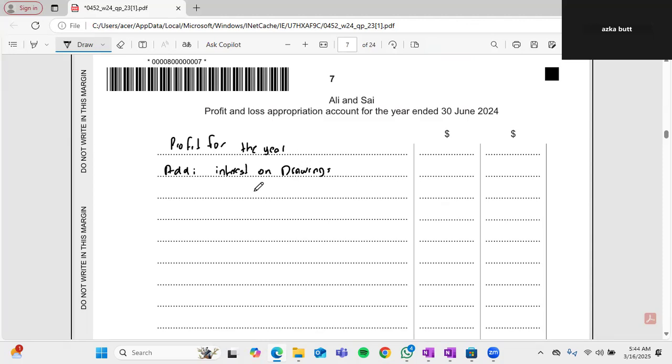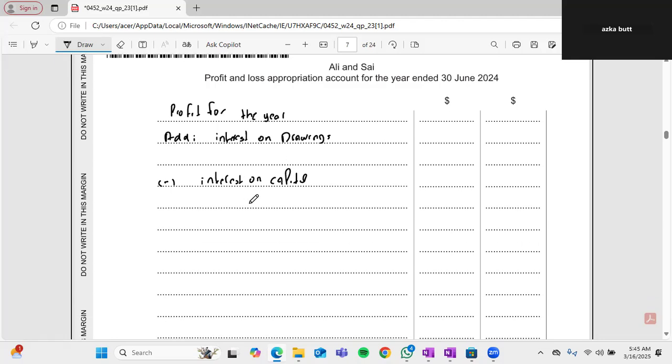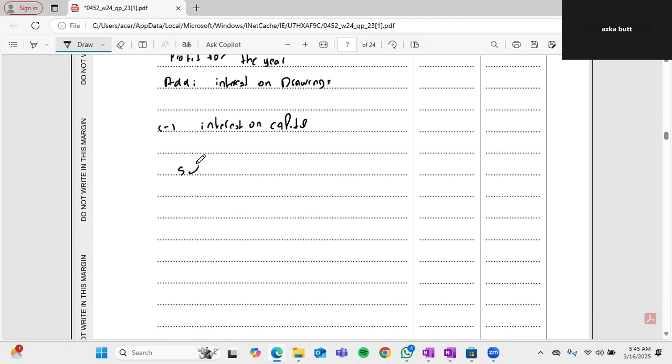And we have to deduct the interest on capital. And we have to deduct the salary as well, if there is salary. So whatever the answer we get, that will be our residual profit. And after that, we will record the profit share for each partner.